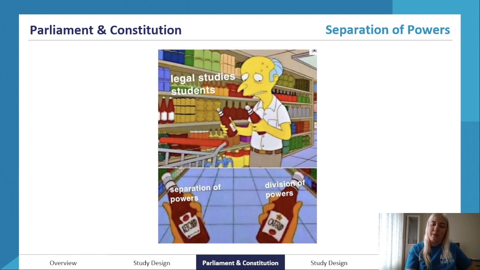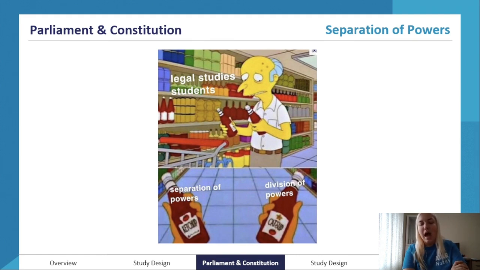Again, very important. Remember, the division of powers was when we were referring to the division into exclusive, residual, and concurrent. And the separation is referring to keeping the key powers involved in lawmaking separate. So this is exactly how I would remember it, and I think it's really easy to remember if you view it this way.